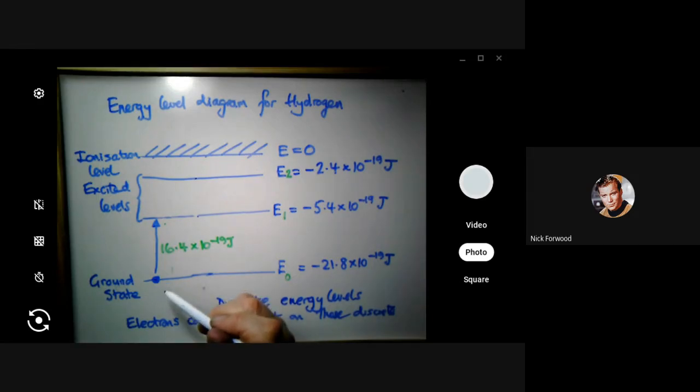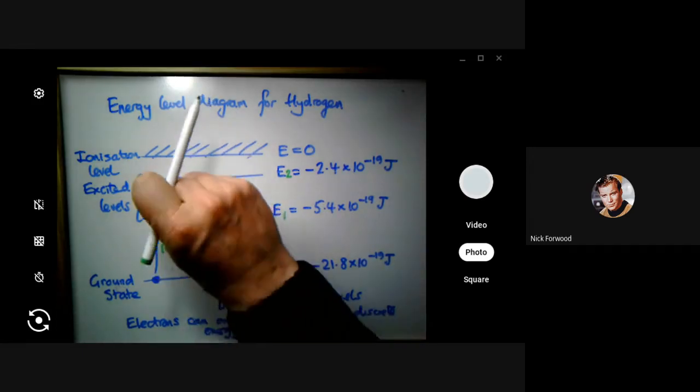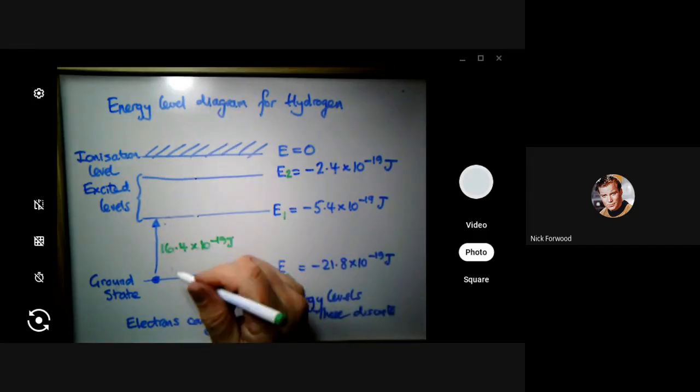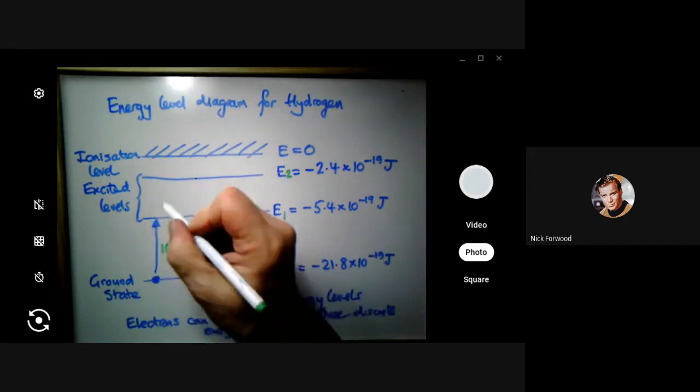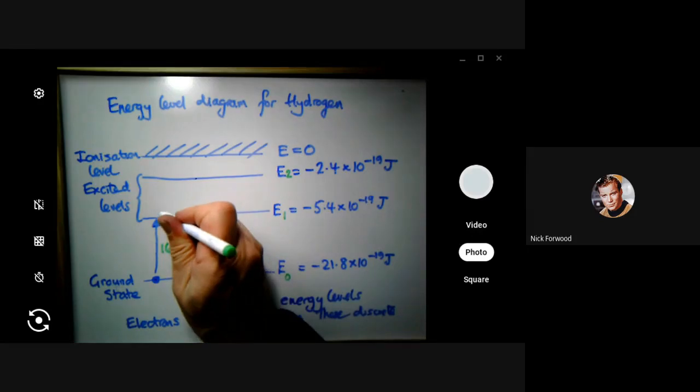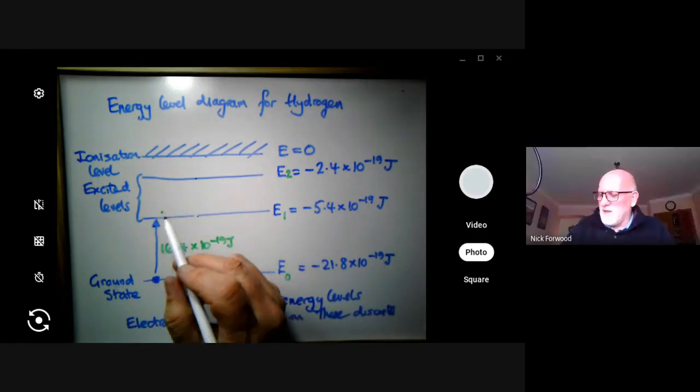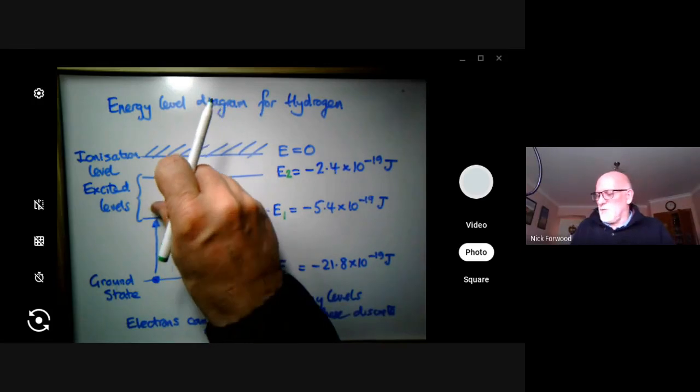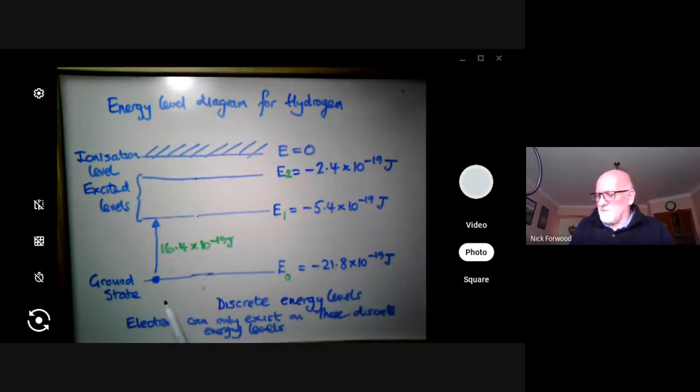What happens if I give it 16.5? Well, 16.5 is too much. Remember, you can't live in a space here. So if I take 16.5, the electron would think it could go to here, but then there's no point going to there because it can't live there. It can only get off the lift when the lift is at the right level.